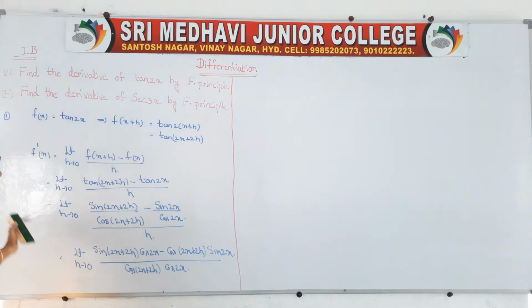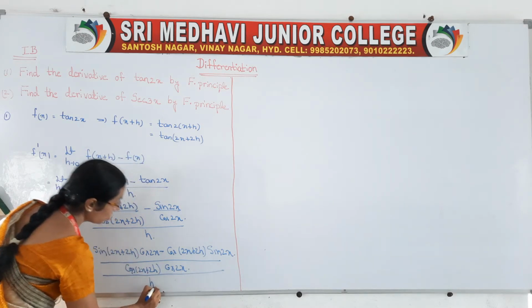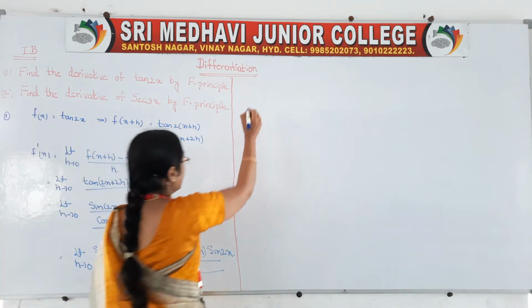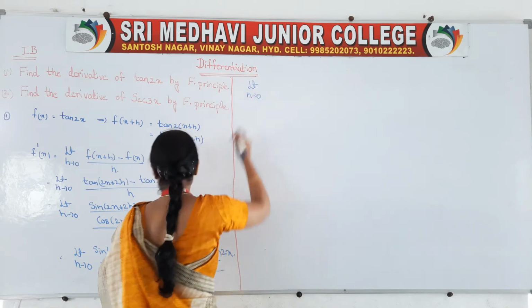If you observe, divided by h is there. So next step, limit h tends to 0.